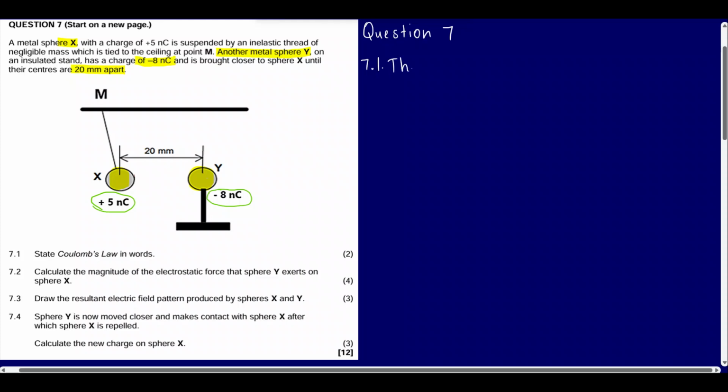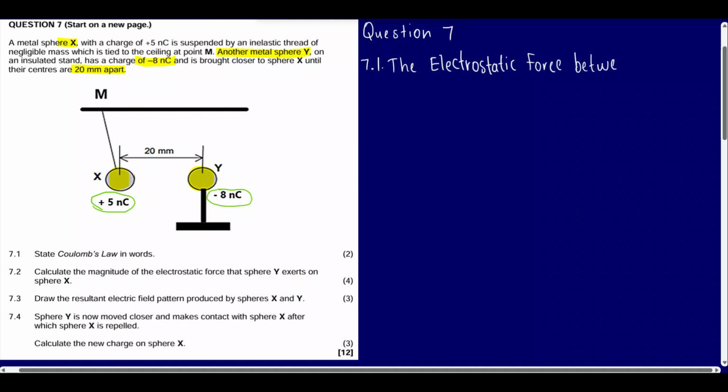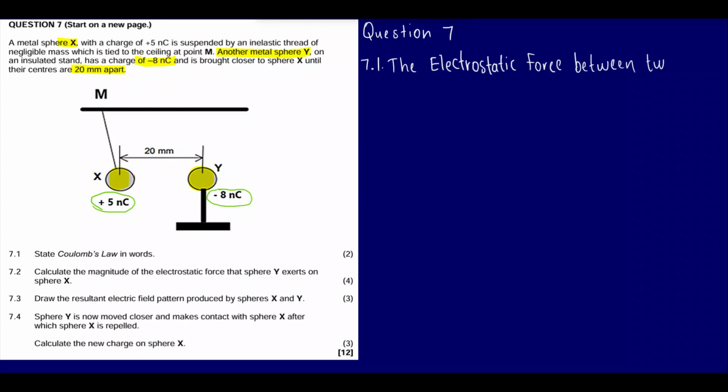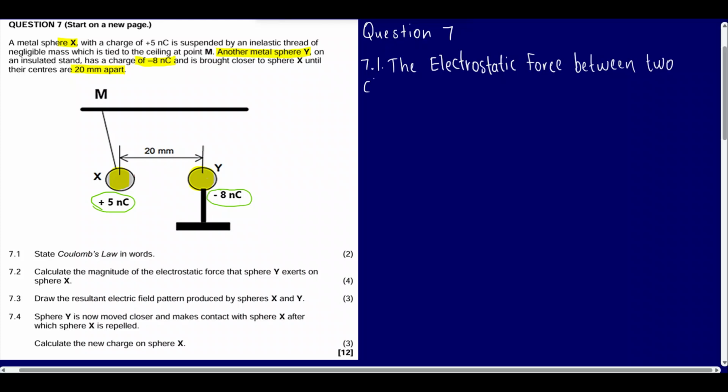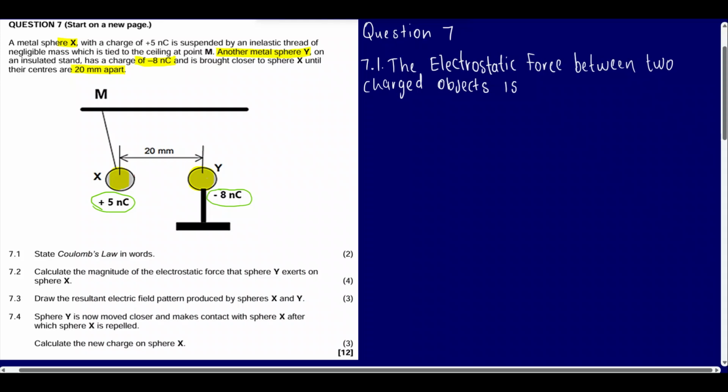So 7.1, you'd say the electrostatic force. I don't know, you can take the definition that you were given by your teacher, or you can take this one: the electrostatic force between two charged objects is directly proportional.